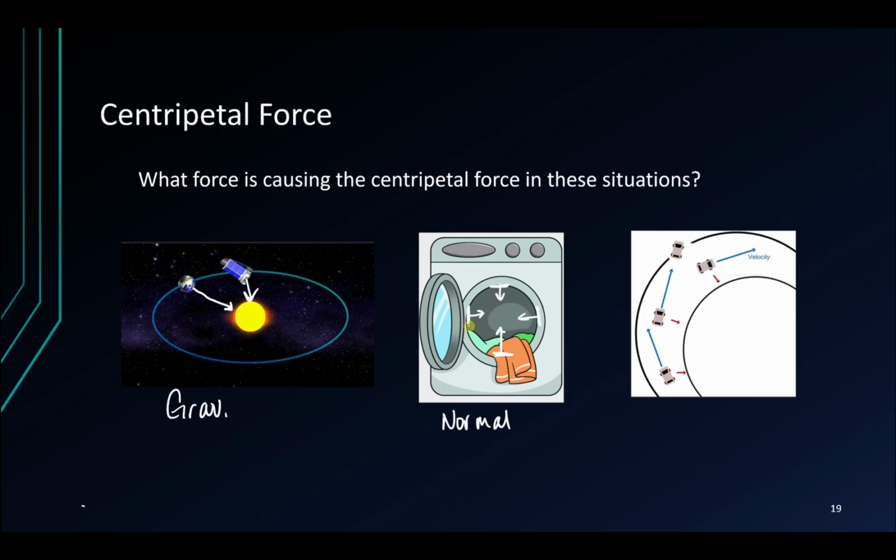This normal force is our centripetal force. What about an object like a car that's going around a track? Well, in this situation, that centripetal force is the frictional force between the tires and the asphalt.